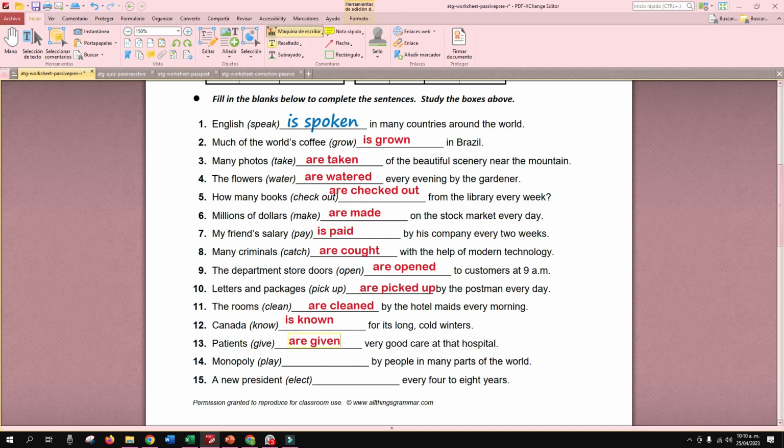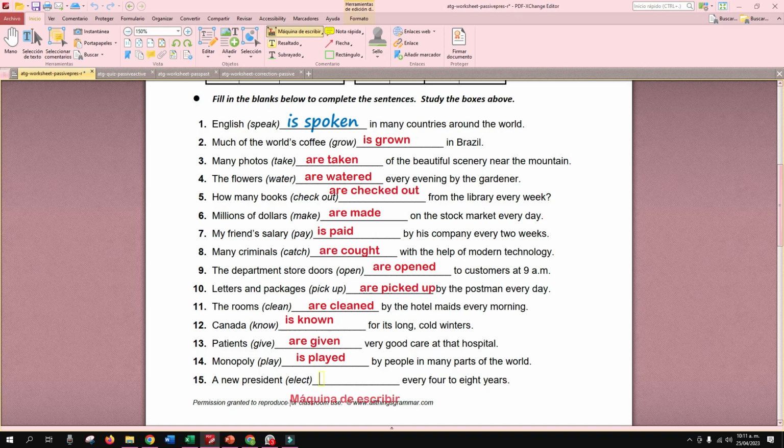What about this one? Monopoly by people in many parts of the world. Is played or are played? Which could be? Is, right? You're talking about Monopoly. Is played by people in many parts of the world. What about this one? A new president every 4 to 8 years.